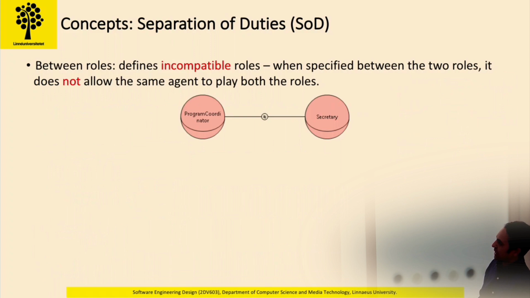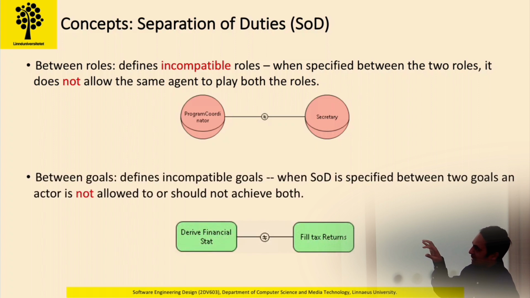There are two other concepts: separation of duty and combination of duty. Separation of duty is SOD. It can be between roles and between goals. When it's between roles, that means two agents cannot play the same role, or two roles cannot be the same.